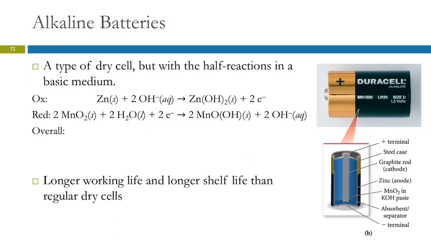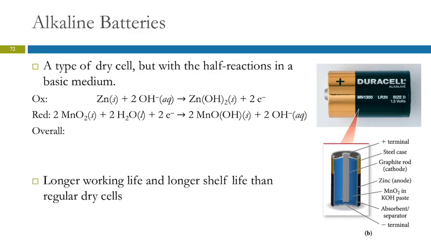Alkaline batteries. You're probably familiar with these. These are a type of dry cell, but the half reactions are occurring in a basic medium. That's why they're called alkaline, because they're basic. So here we've got zinc again and the manganese 2 oxide, but in a basic environment, the reaction's a little different.